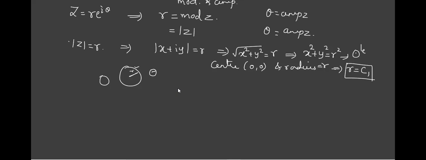Yes, ma'am, because I want to get the image in the Z plane first. So if I'm taking r equal to c1, what am I taking in the Z plane? A line?